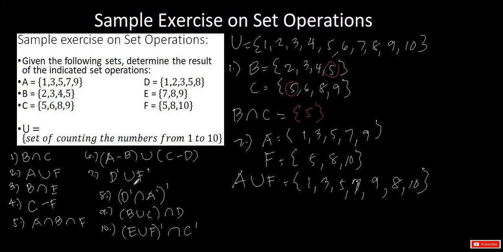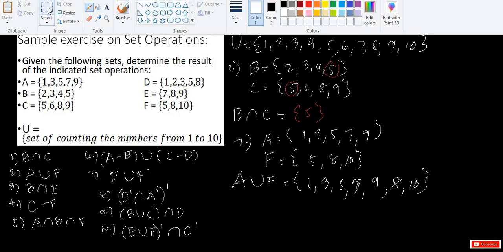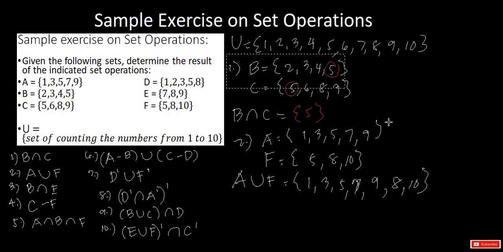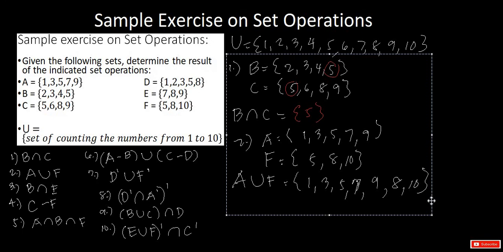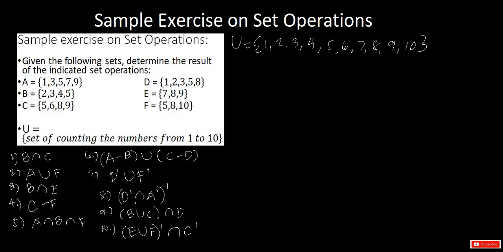Okay, next, let's move to number 3. Let's have more space, so let's erase this. Okay, number 3. The sets involved are set B, containing the elements 2, 3, 4, and 5, and set E, containing the elements 7, 8, and 9.